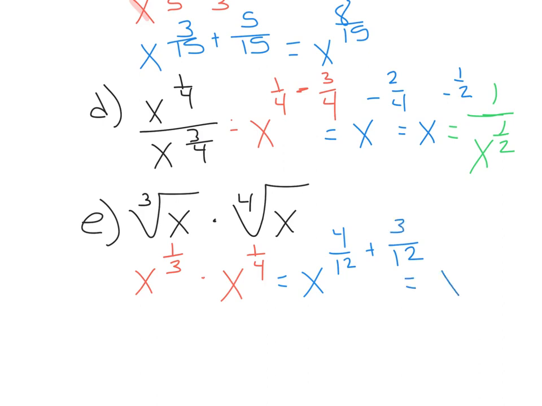And this turns into x to the 7/12. But since we started with radicals, we're going to change this back to a radical to give our answer in radical form. The index is the denominator, the numerator is an exponent. So that would be with an index of 12, x to the 7th power.